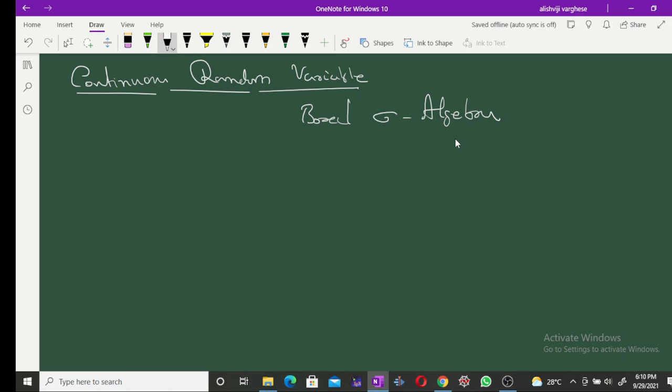Then, if we look at a random variable x and a probability density function f of x, whether it is continuous or not, then this f of x has two important properties. One is f of x is always positive, and the second one, if we sum up for all possible values of x, then this will add up to the value 1.